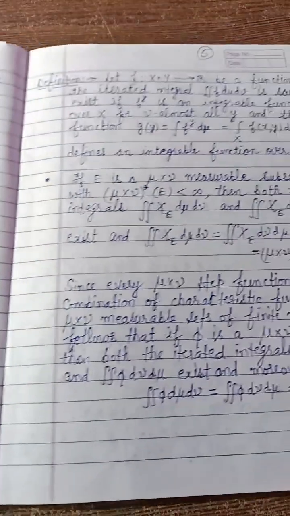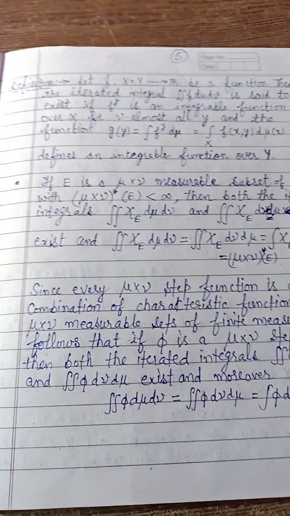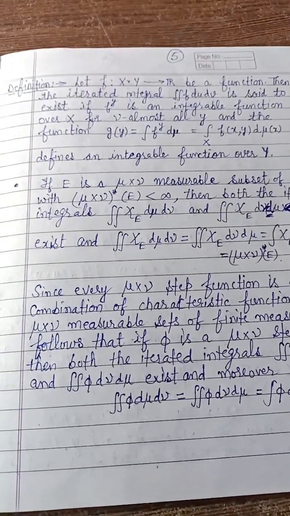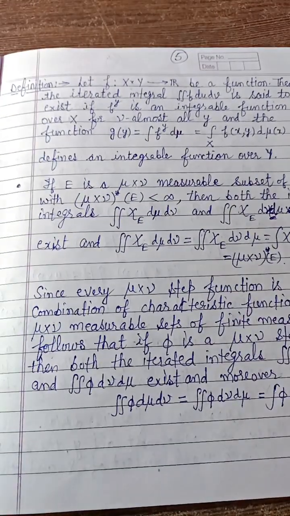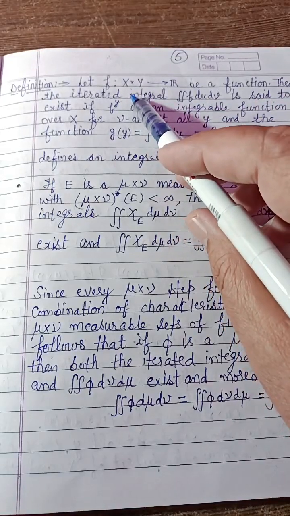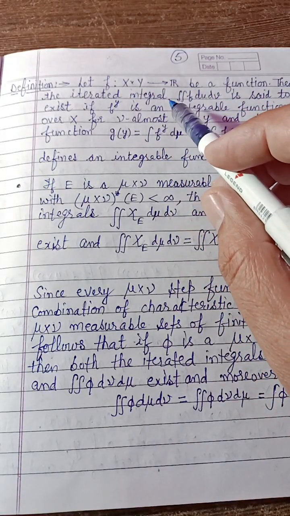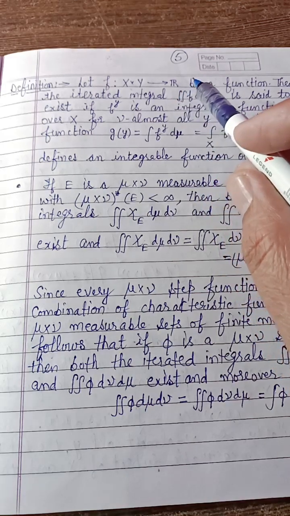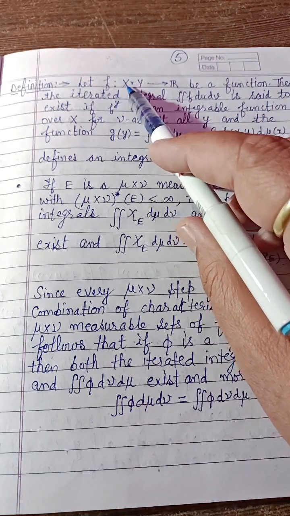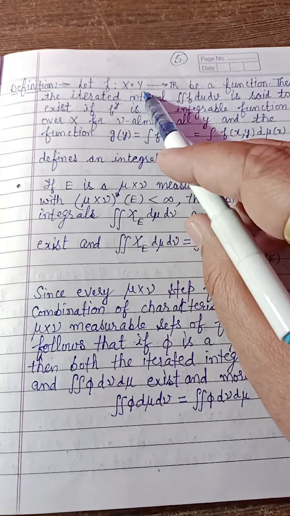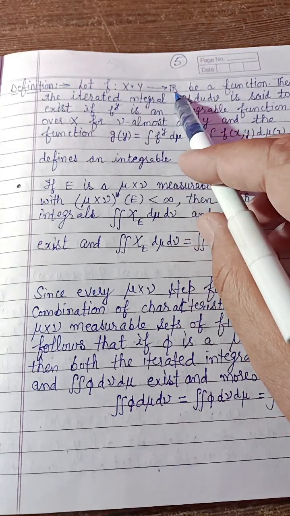So next, one more definition. In this definition we will define the iterated integral, and check when it exists. We have taken f from X cross Y to R, a real valued function.